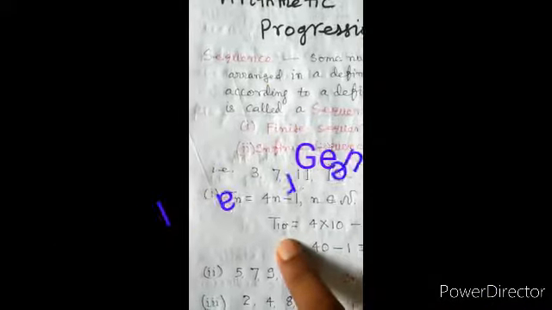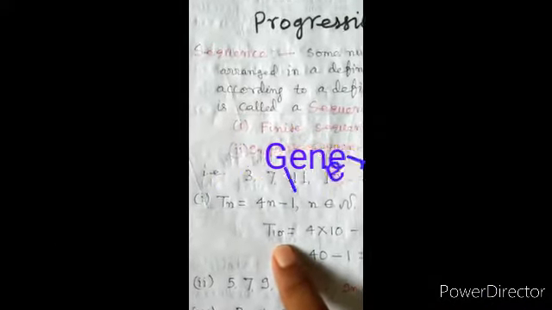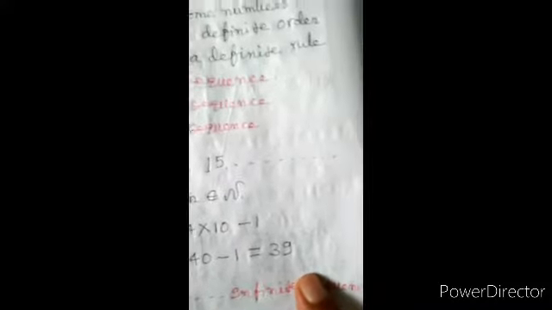Now put 10 in place of n. Then we get 4 into 10 minus 1, that is 40 minus 1, that gives us 39.